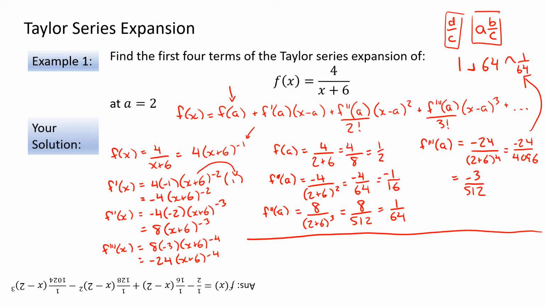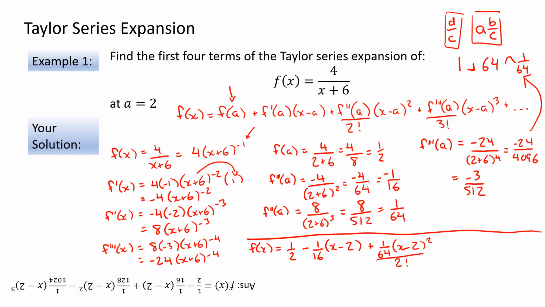So now we can substitute each of those values in. Our function f at x becomes f at a, which is 1/2, plus f prime of a, which is negative 1 over 16 times x minus a, which is 2, plus our third term, f double prime of a, which is 1 over 64 times x minus 2 squared, divided by 2 factorial, plus our last term.